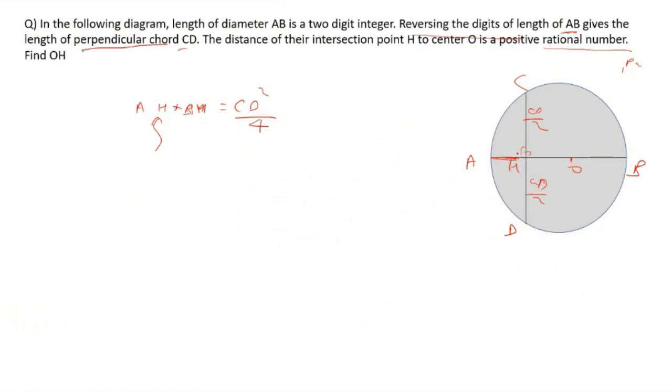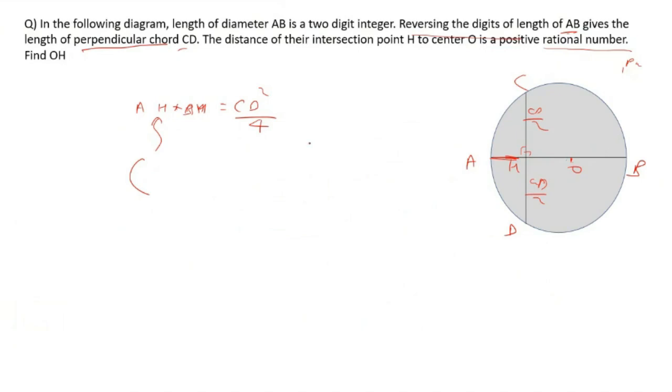right? So what is AH basically? It is AB minus BH, or it is this radius minus OH. Like basically this AH is either AB minus BH, but even this I don't know, or it is AO minus OH basically.